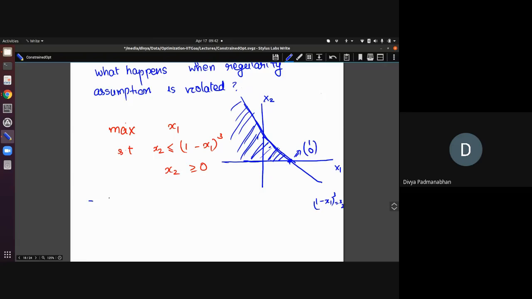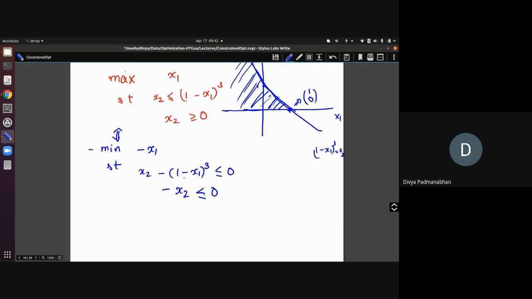So this problem is equivalent to minus min of minus x1 such that x2 minus (1 minus x1 cube) is less than or equal to 0 and minus x2 is less than or equal to 0. So this is G1 and this is G2.